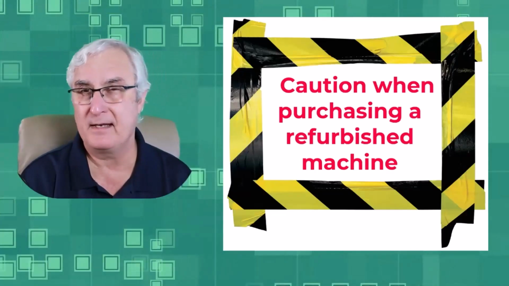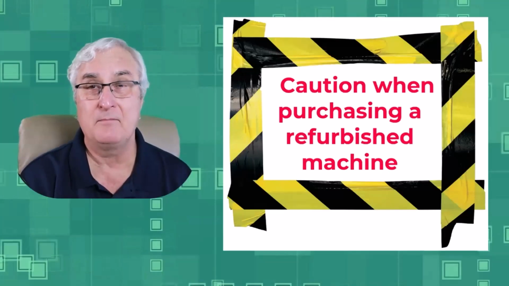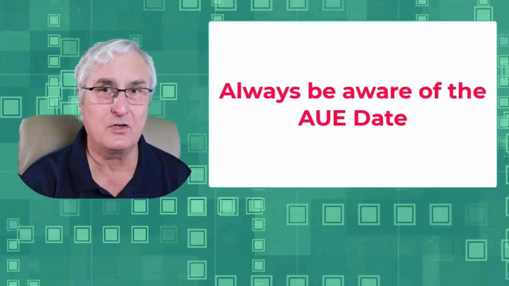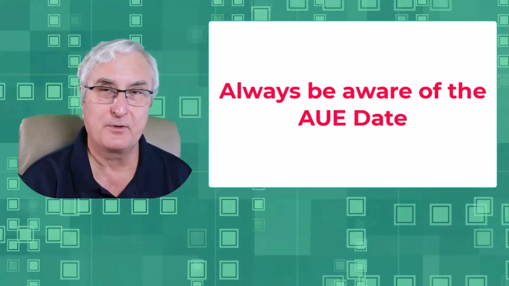We're not seeing as many refurbished Chromebooks coming out now from school systems, because remember, they're all leasebacks, and then they refurbish them and put them all on Amazon to be sold. We're not seeing as many of those come onto Amazon now, as Chromebooks get more popular and the availability of consumer products that we would buy increases. So always be aware of the AUE date when purchasing a computer.